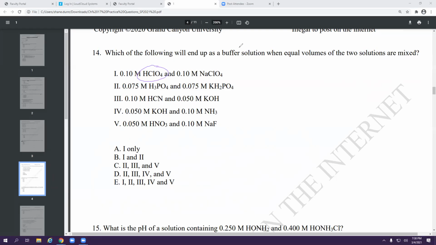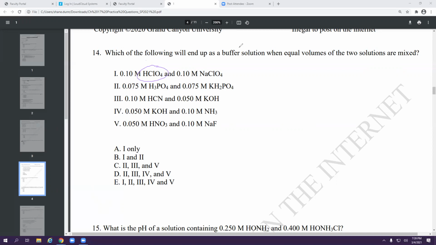HClO4, strong or weak acid? HClO4 though, is it strong? Was it HClO3 or HClO4? I don't remember. HClO4. Hmm. I think HClO3 is a strong acid. HClO4 is a weak acid. It's also a strong acid? Okay.